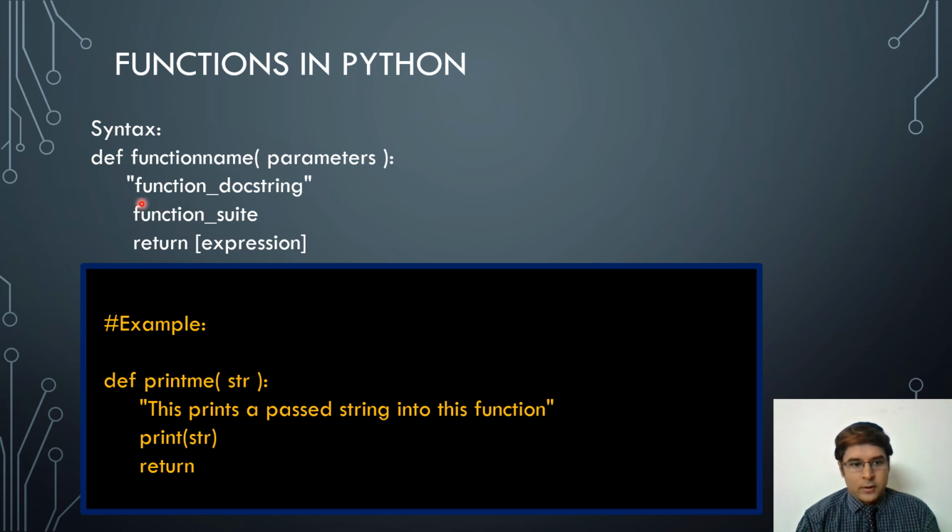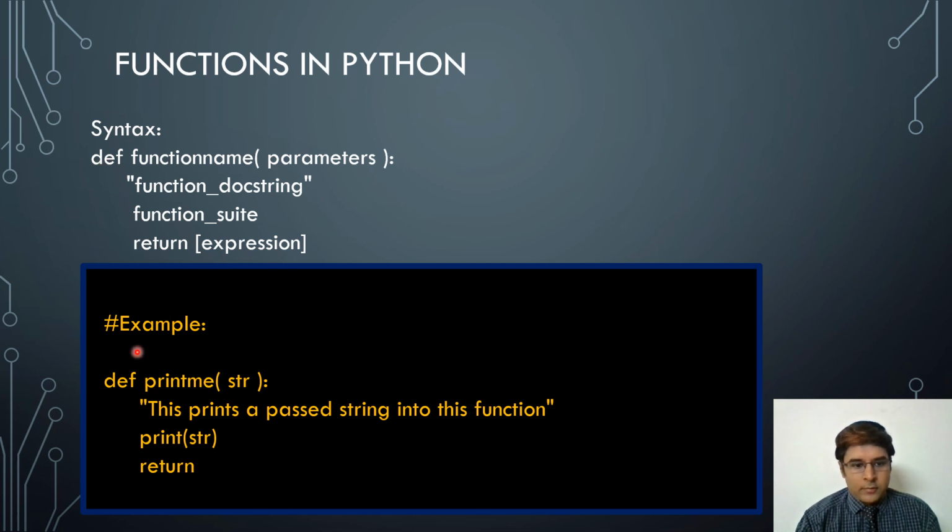So the docstring is in double quotes, which specifies the documentation for this function, which is what this function is used for. Next comes the function suite that includes the code for the function, and then finally the return keyword along with the value that is going to be returned. So this expression will be returned from this function.